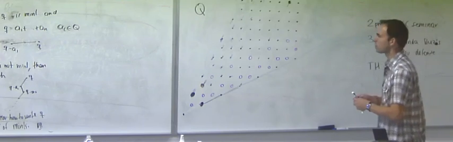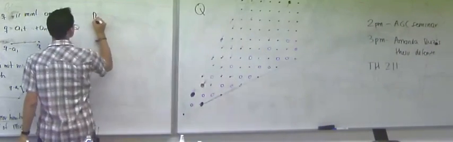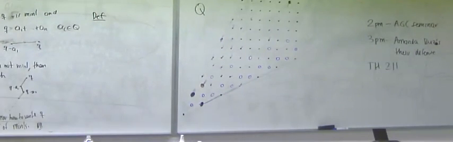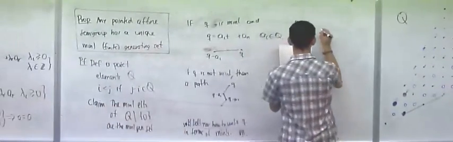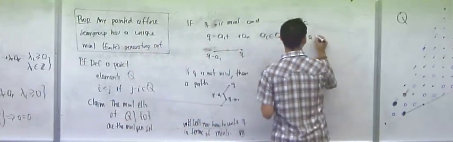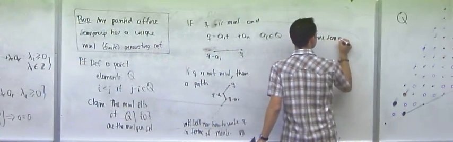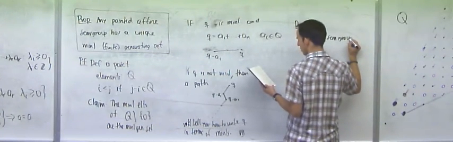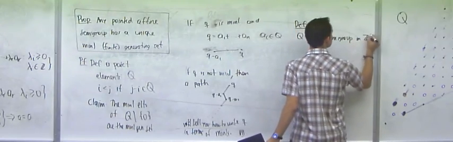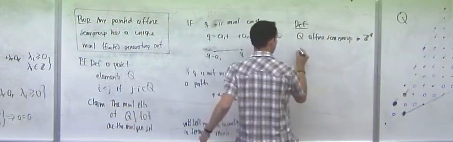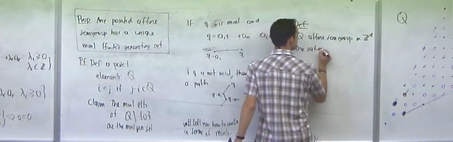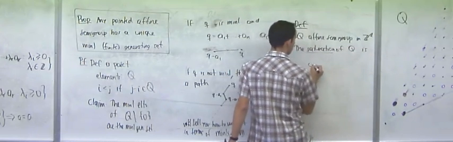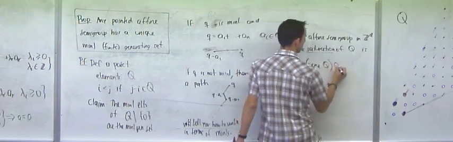Okay? So maybe the first thing I'll do is just make a definition. And it's called the saturation. I think it's a definition that makes sense. So if Q is an affine semigroup, let's say in Z^d, then the saturation of Q is the cone of Q intersected with Z^d.